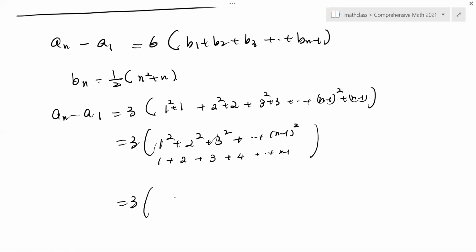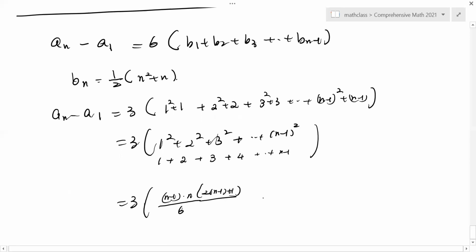The formula here is going to be n minus 1 times n, and here's 2, n minus 1 plus 1. And the second term is 1/2. So that's it. After you simplify it, you solve the problem.